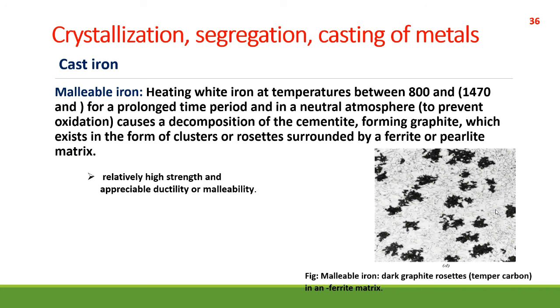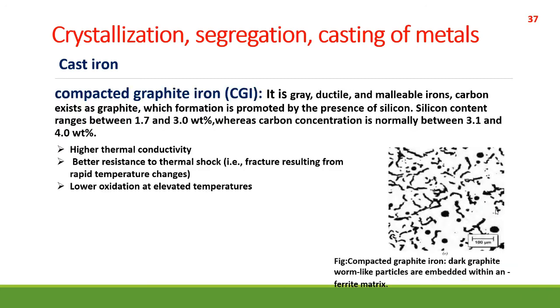So this is the malleable iron, and next one is compacted graphite iron. It's like gray, ductile and malleable iron, and carbon exists as graphite, whose formation is promoted by the presence of silicon. Silicon content ranges from 1.7 to 3.8%, whereas carbon concentration is normally 3.1 to 4%.